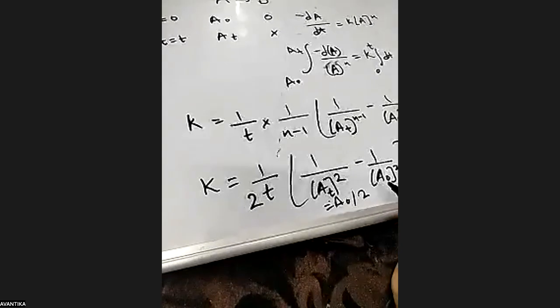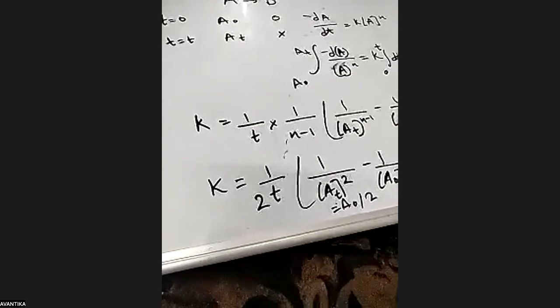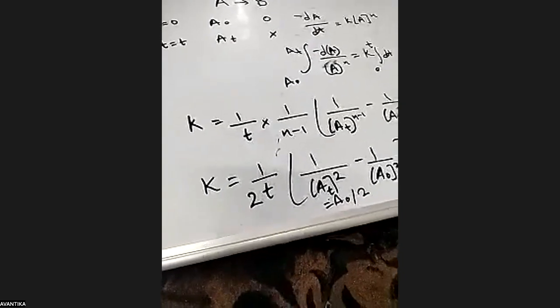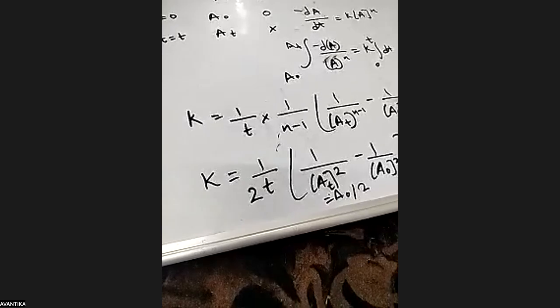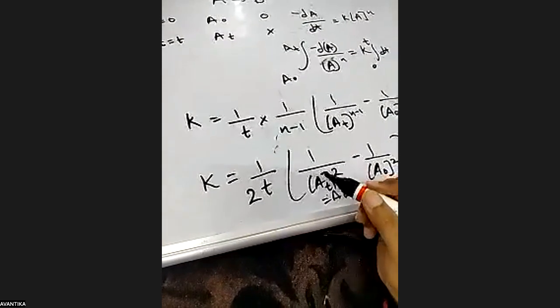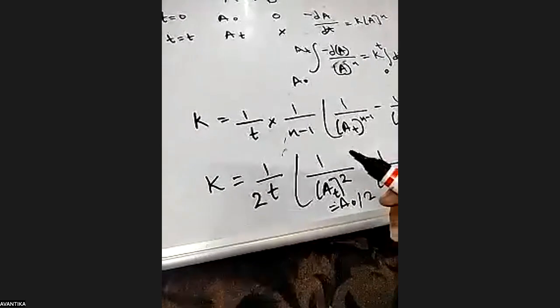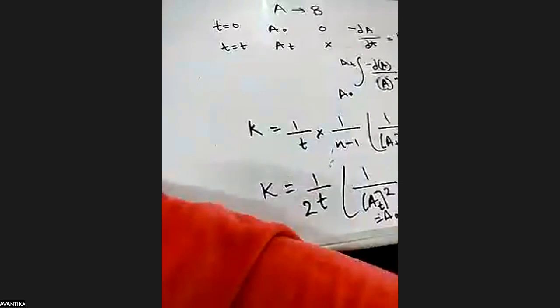Then we get the t half of third order reaction as 1 upon k into 1 upon 2. Like we have a general expression for half-life of nth order of reaction.